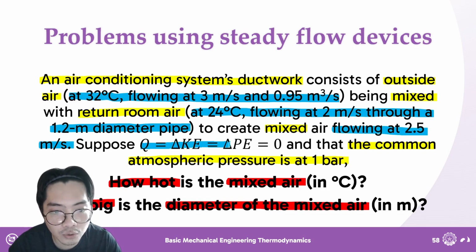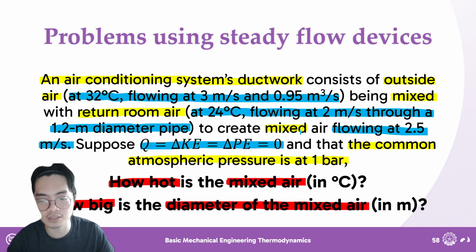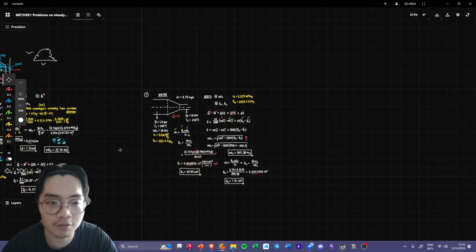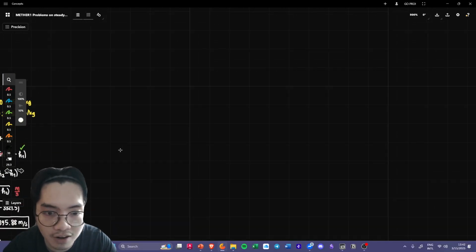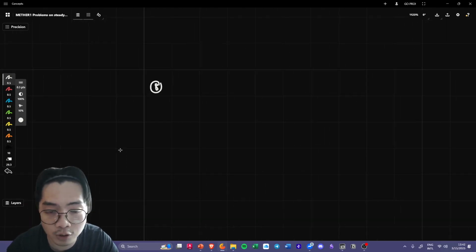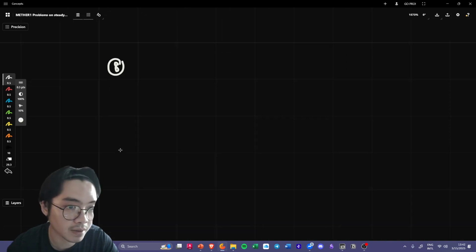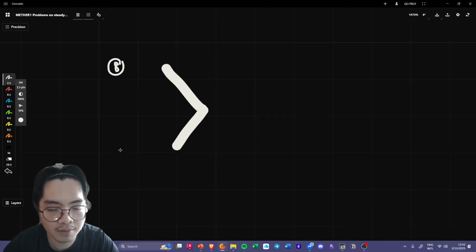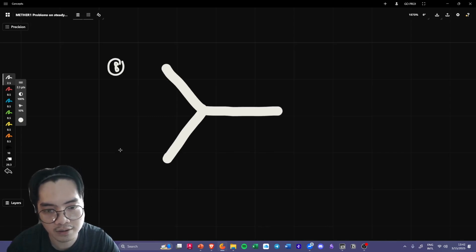Suppose that Q, KE, and PE are all zero. And now we have a very involved problem. Number 8, maybe it's better if we just create a diagram. There you go. There it is.